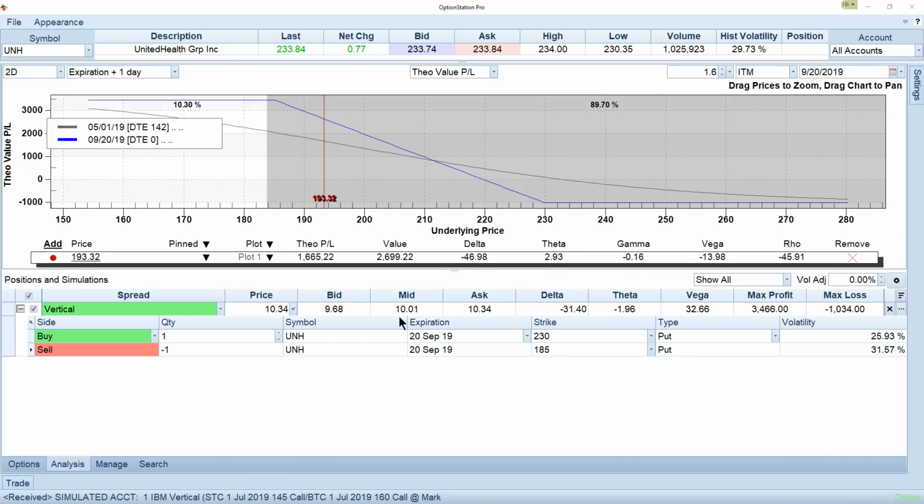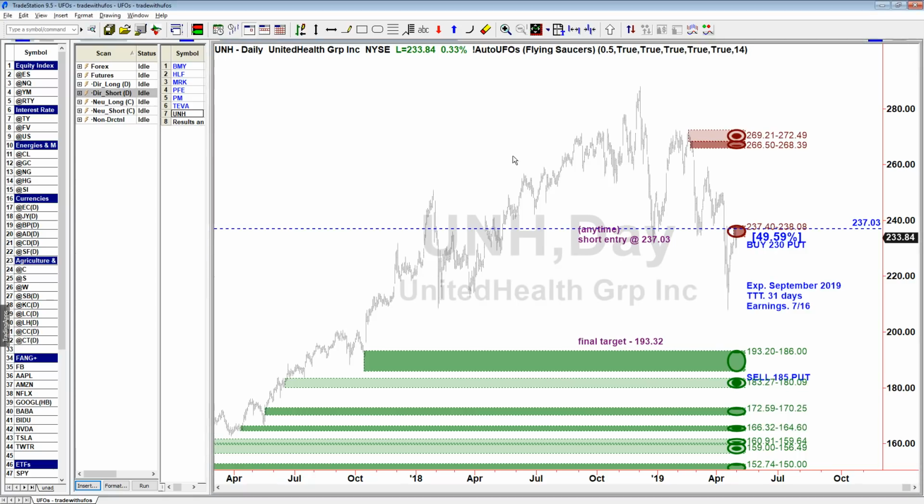Okay, but remember, the beauty of not using a stop when doing bull call spreads is that if it was to go against you, and then some institution shows up, forms a new UFO, and pushes the price down, and finally you get to your target, well, you have never been stopped out above the UFO, and when price comes back down, you're still in business because you never got out, and you're giving yourself until September for this to happen.